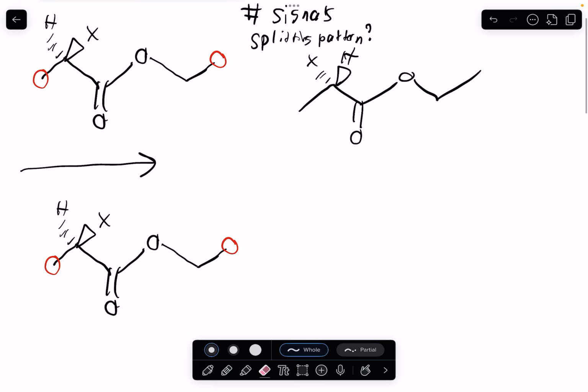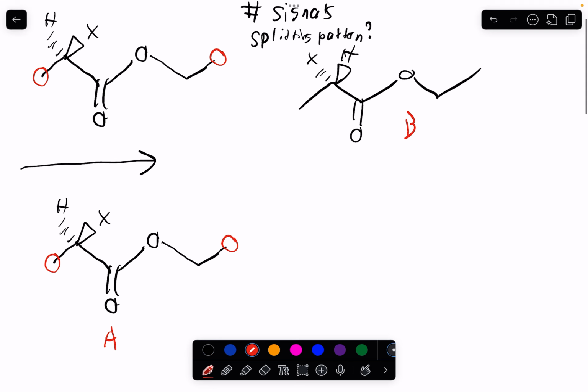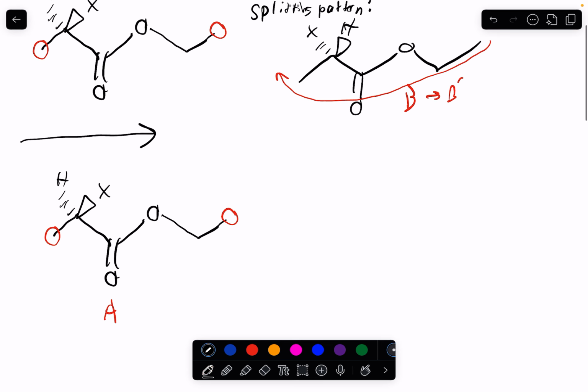This is molecule A, this is molecule B. We're going to turn this into B prime by spinning this whole molecule 180 degrees, and so we will get this.